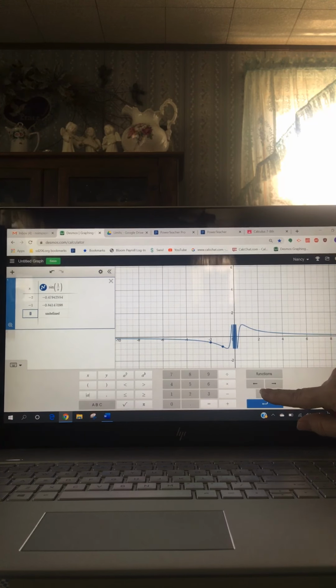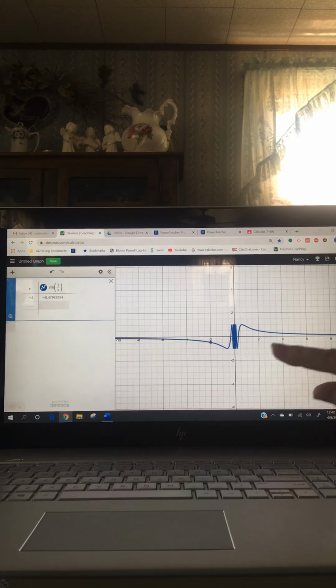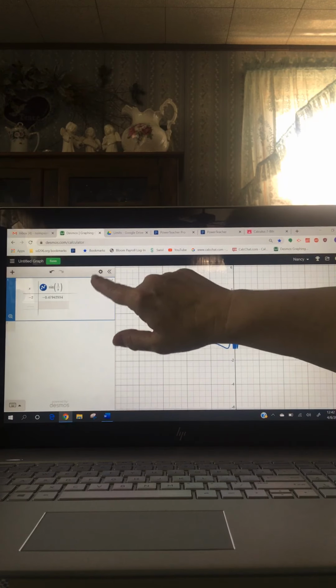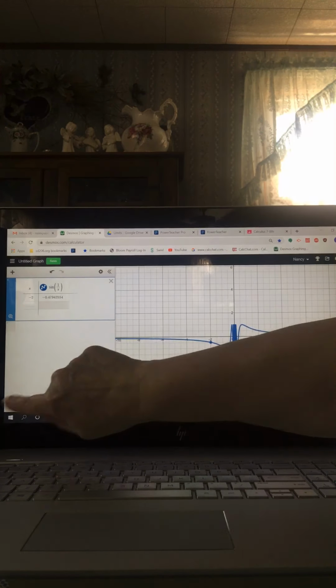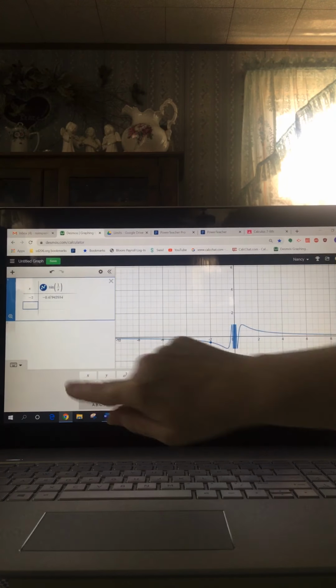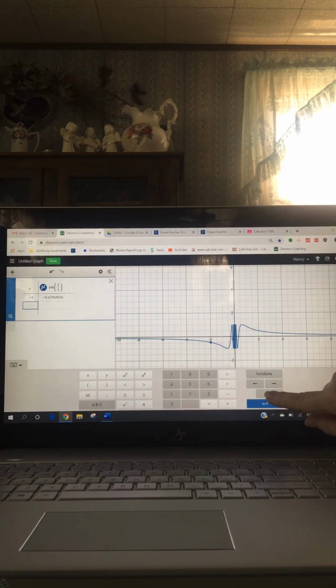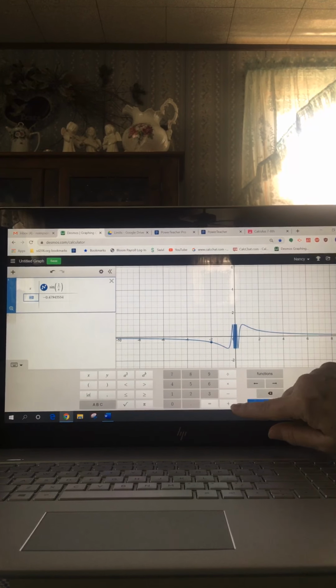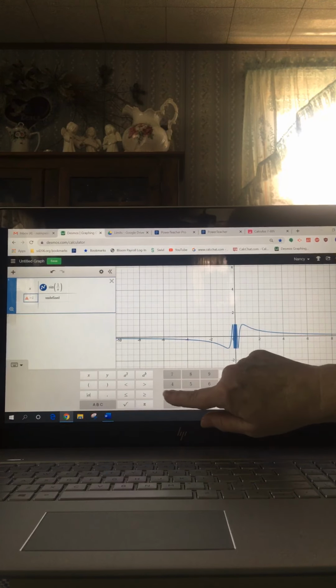Let's put in some numbers. And now I'm going to put in some oscillating numbers for this oscillating function.